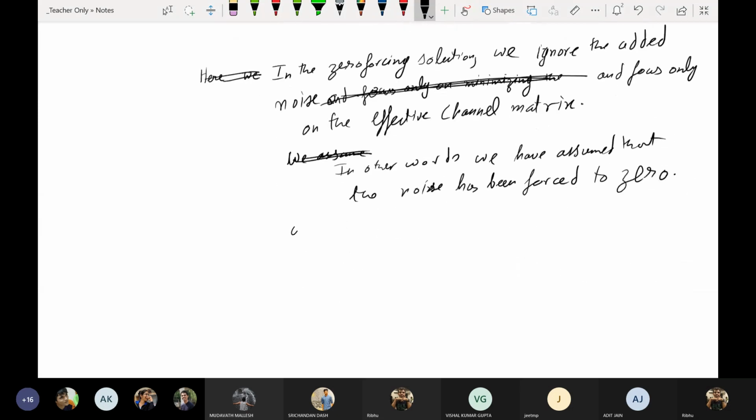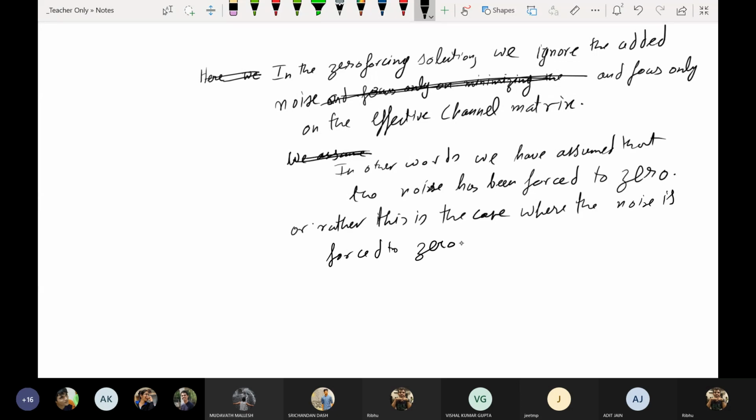In this case the noise is forced to zero, and this is called the zero forcing solution.